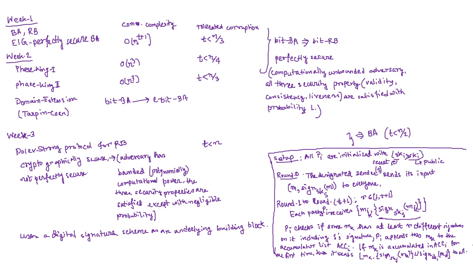So this will be broadcast to everyone. Again, if pi is honest, then an identical copy of this will be communicated to everyone. Otherwise this can contain any message and its corresponding signature. So you cannot control malicious parties' behavior.